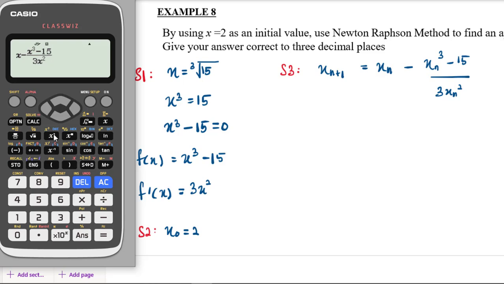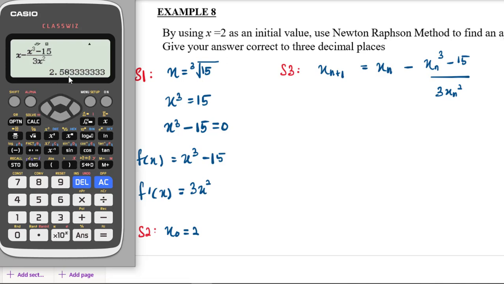So what we need to do is we have to press CALC, and we just substitute the first value, the initial value, which in this case is x equals to 2. So x equals to 2, we press equal. So that is our answer, which we want in decimals. So we'll get 2.5833. The question asks for 3 decimal places, so we have to give our working in 4 decimal places.